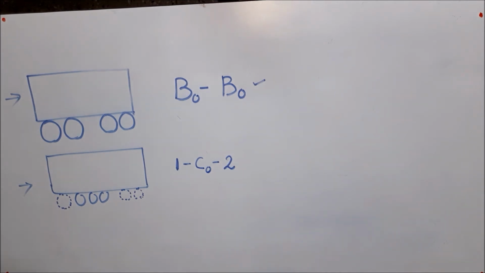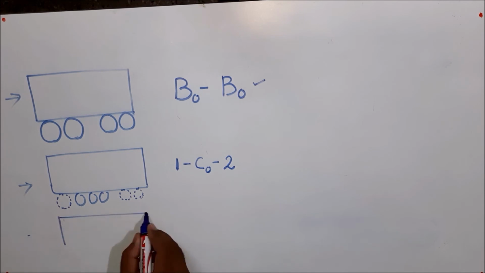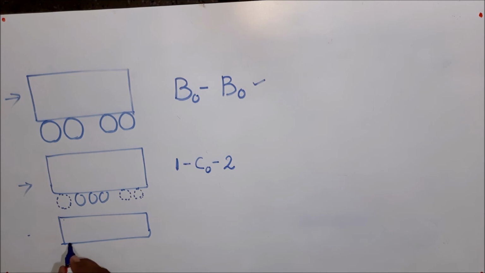Clear? Again I am taking one more example. This is my locomotive. These are 3 solid axles and these are another 3 solid axles which are connected through a solid line. That means if this wheel rotates, it rotates these wheels consecutively.